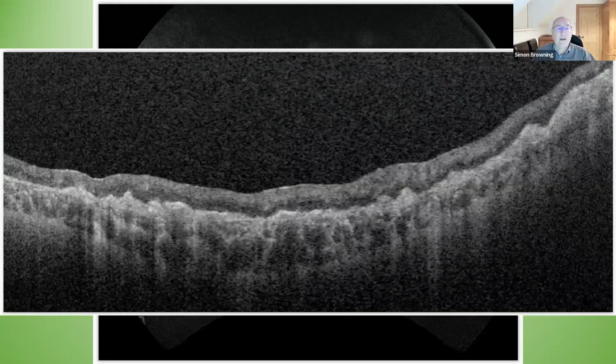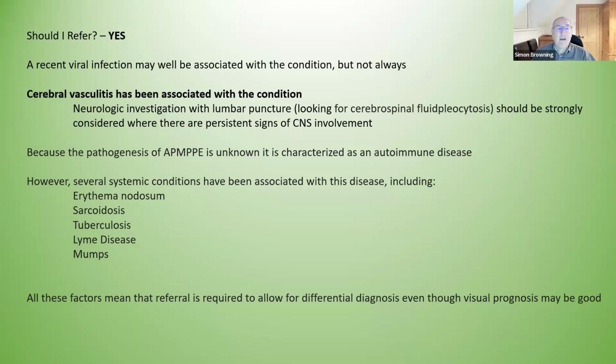So should you know these patients? Well, yes, because if there is a recent viral infection, you want to understand what's been going on. Unfortunately, with some of these cases, cerebral vasculitis has been tied to the condition, and you may want to go as far as a lumbar puncture, looking for increased white cells within the cerebrospinal fluid.